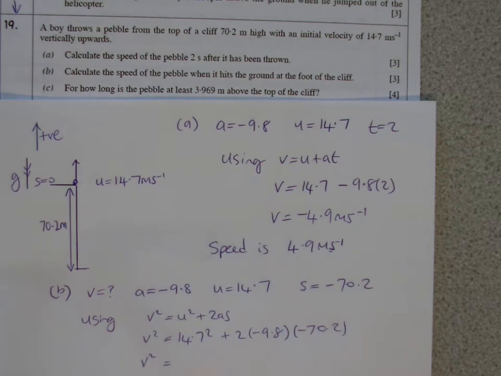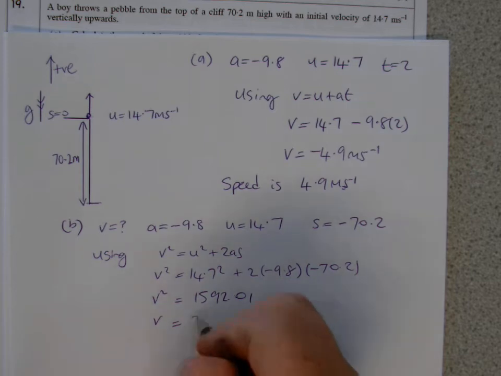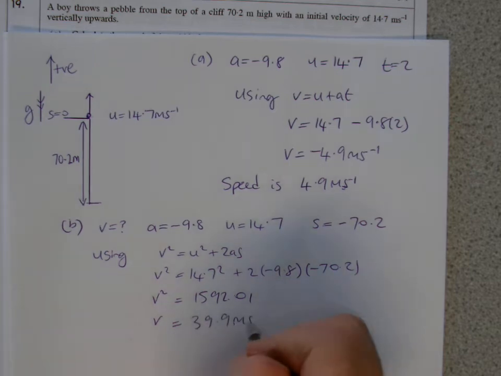If I type that into my calculator in one go, I will get 1592.01. Then to get its speed, I just need to square root that answer, and I get 39.9 meters per second.